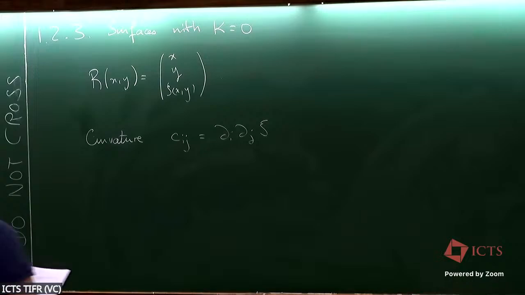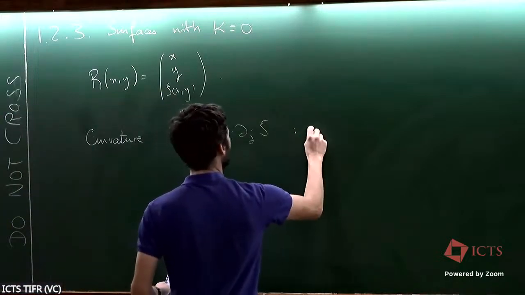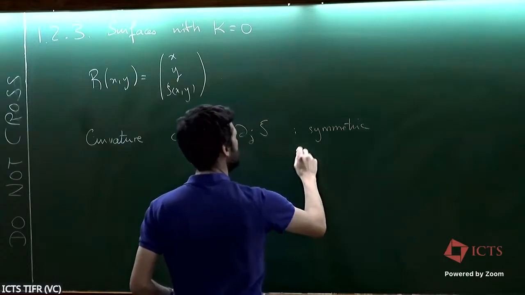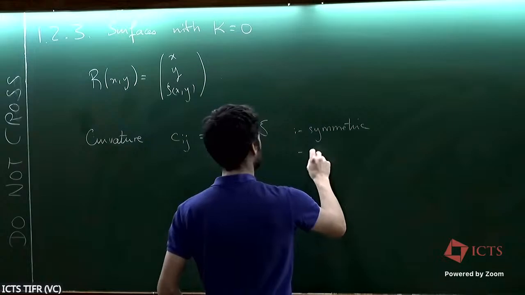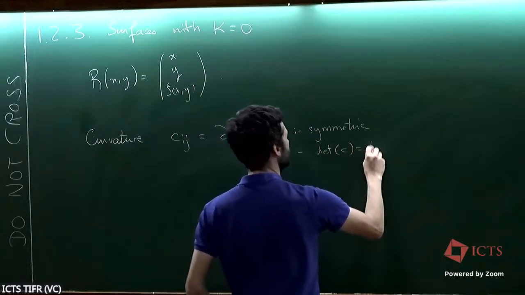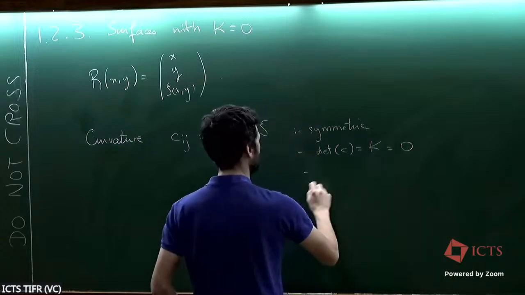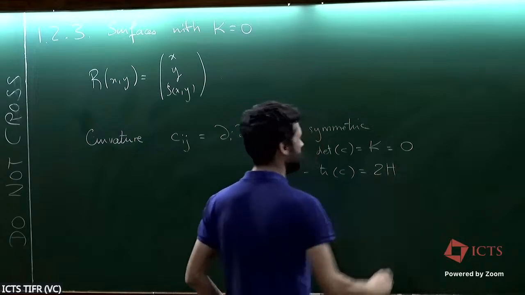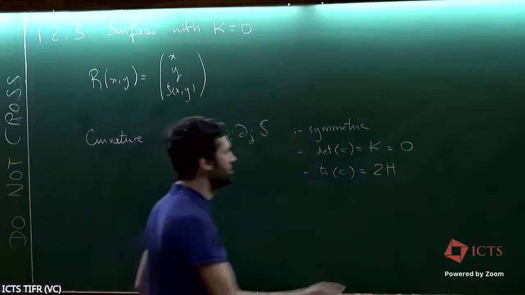This C is symmetric. Its determinant is the Gauss curvature, and this is zero. And the trace of C, I define as 2H, where H is the mean curvature.